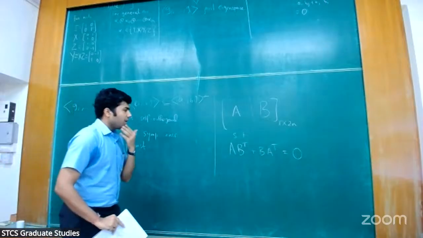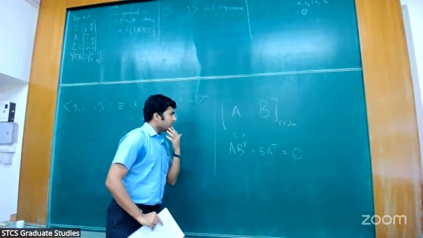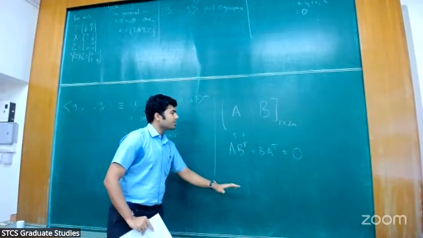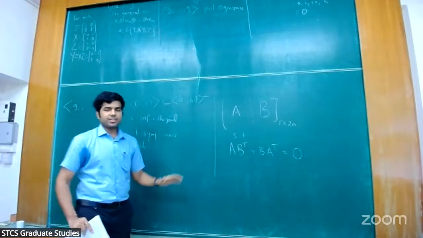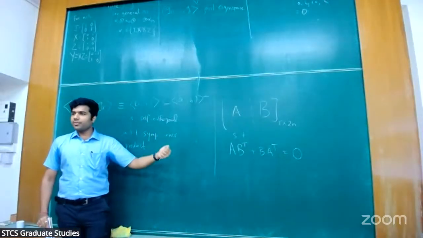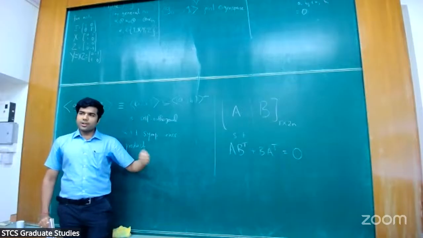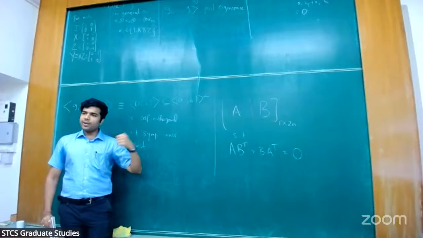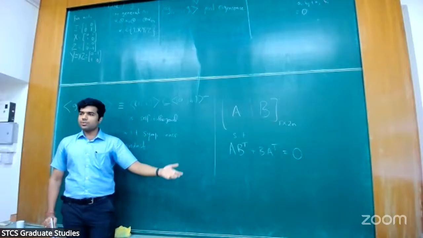Okay. So now, in this picture of stabilizer codes, one can define the notion of a distance in a similar fashion as how we define it for classical codes. For classical codes, you have a parity check matrix and you look at the least weight vector x such that H x equals 0.